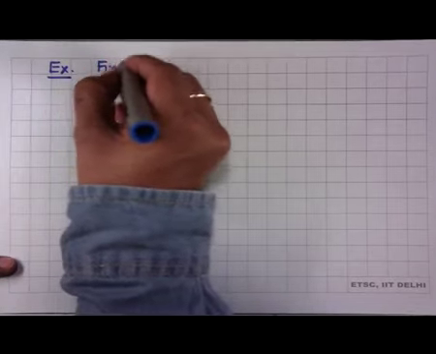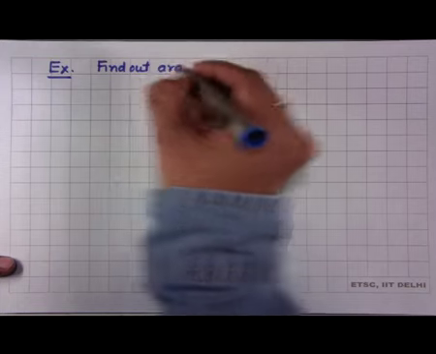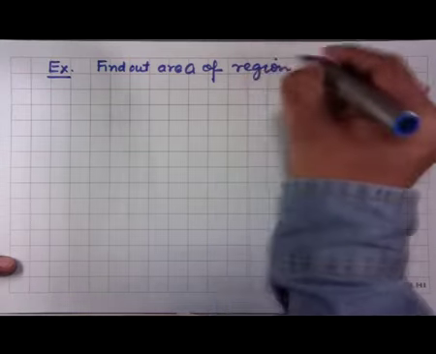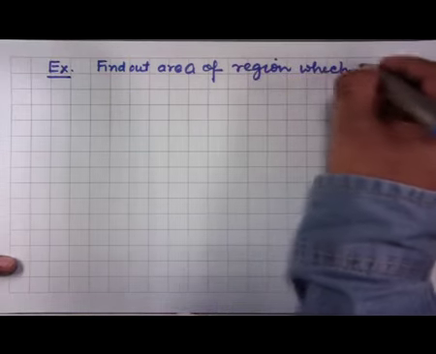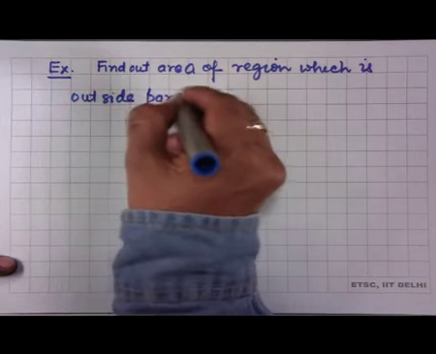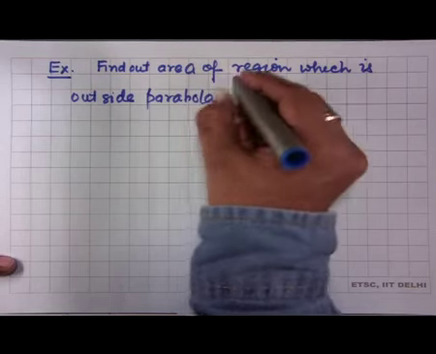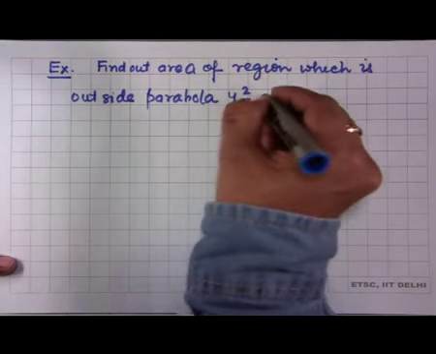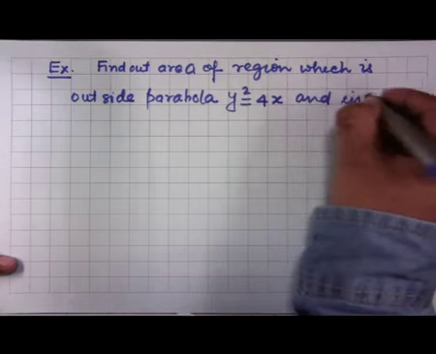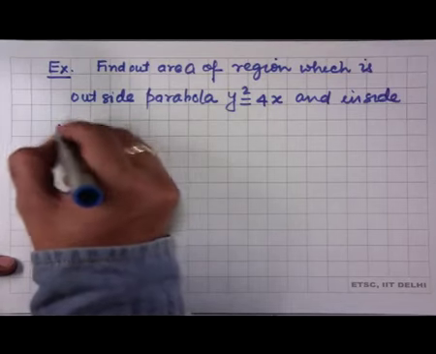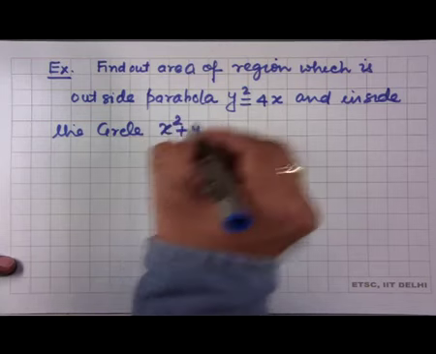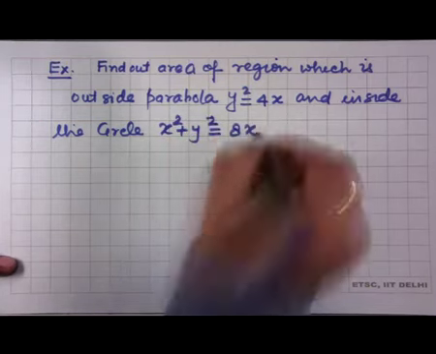Find the area of the region which is outside the parabola y square equals 4x and inside the circle x square plus y square equals 8x.